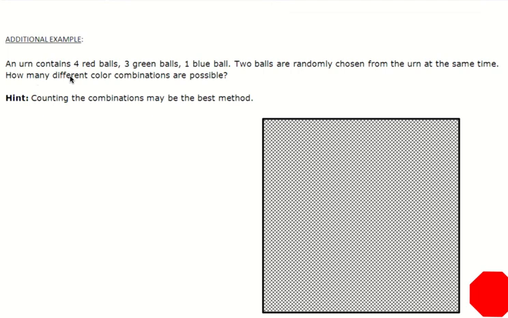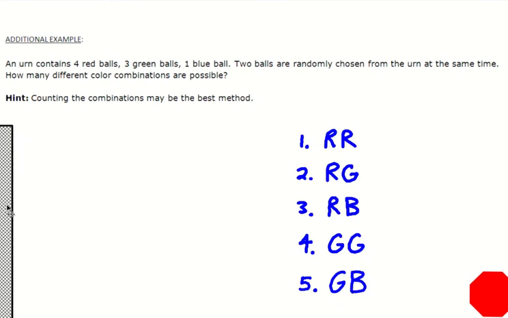But, hey, if you want to, pause the video and see if you can figure this out. Because I'm going to reveal the answer in 5, 4, 3, 2, 1. Hint, counting the combinations may be the best method.